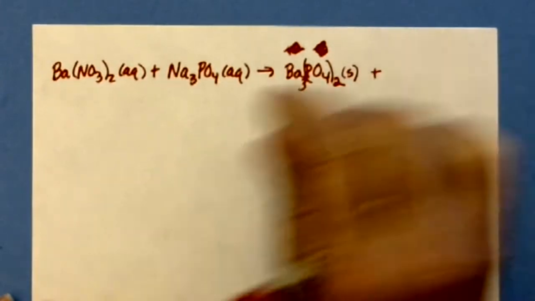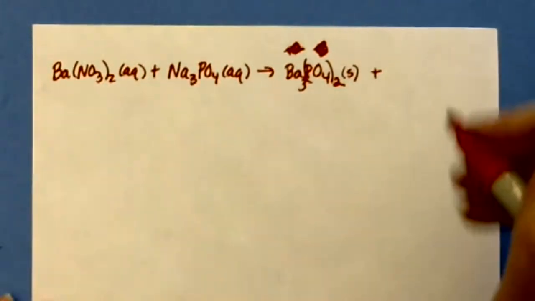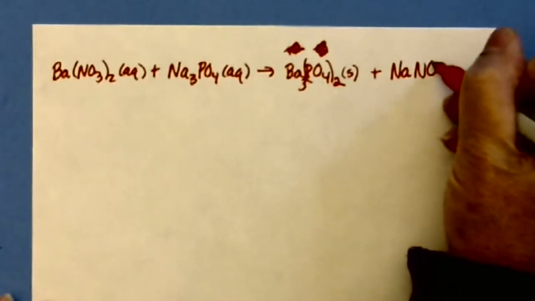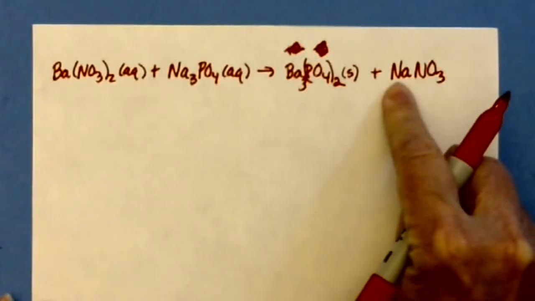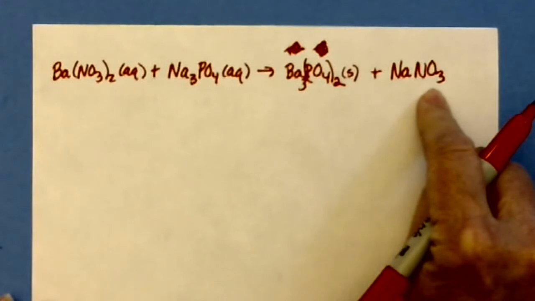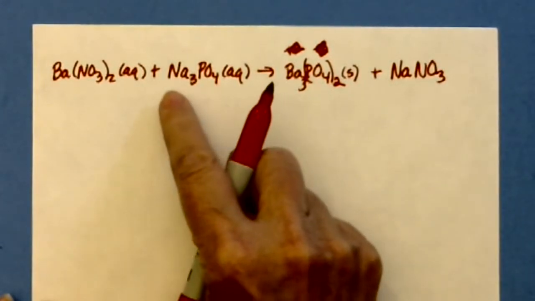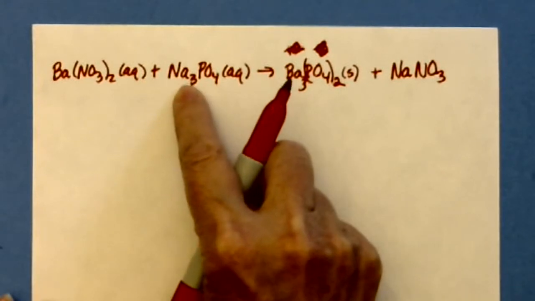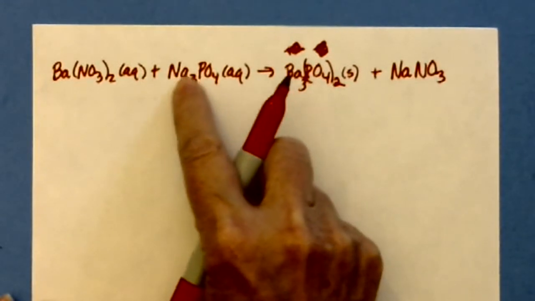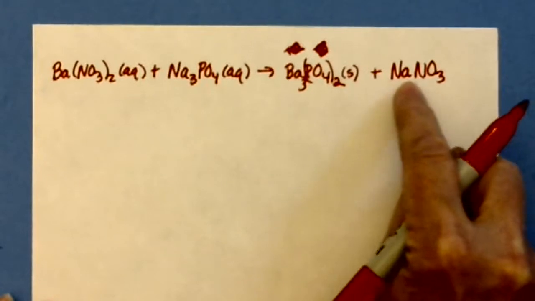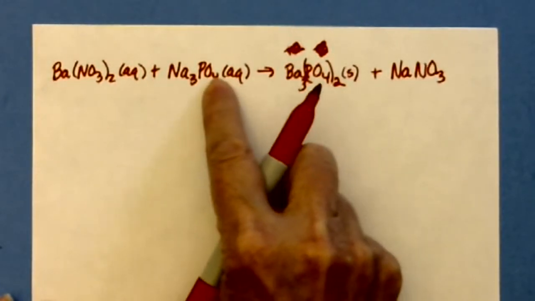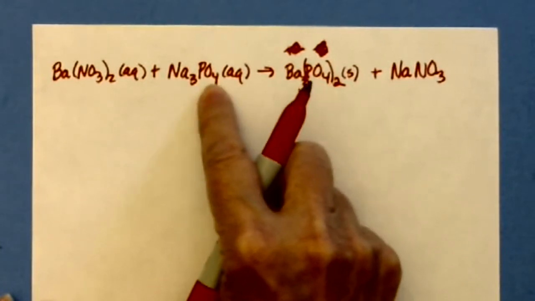The next is sodium nitrate. And so I'm going to write that as sodium nitrate and put the positive cation first and the negative anion second. And a common mistake when people do these formulas is to carry the subscript over here. So this is not Na3. This 3 over here is based on the fact that phosphate has a -3 charge.